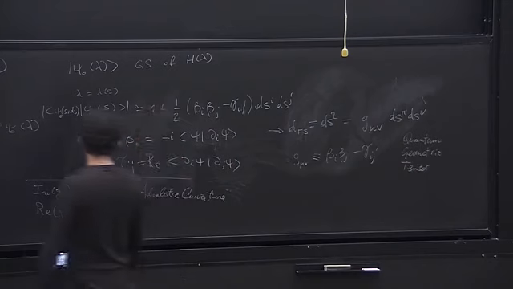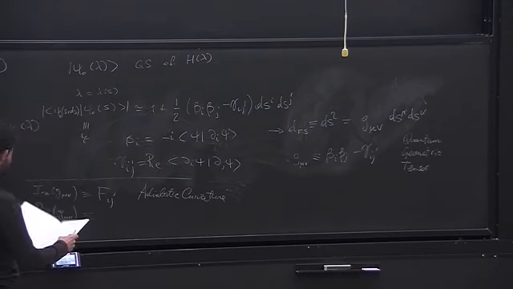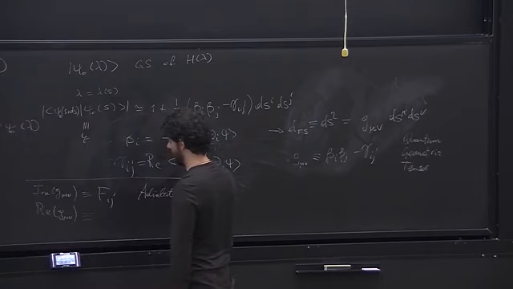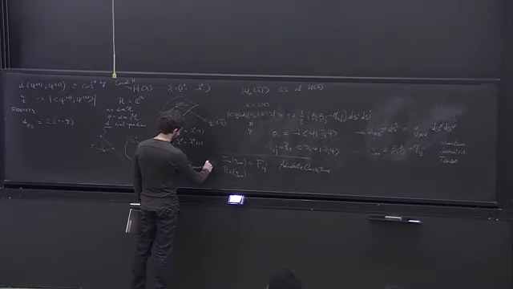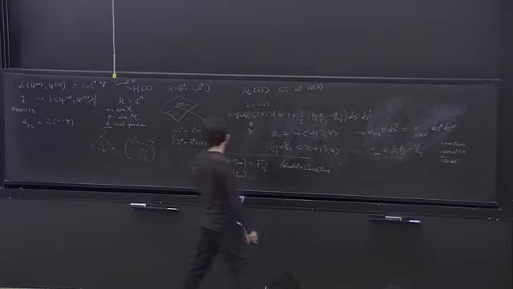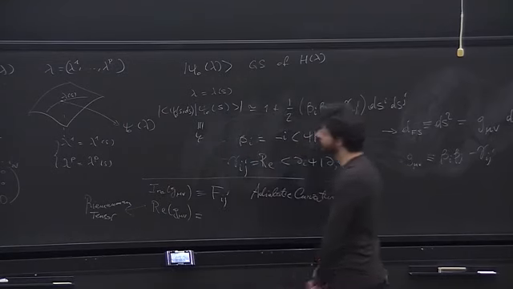The real part has never really been examined too much, and it is a Riemannian tensor. So the real part is positive, and it is a Riemannian tensor. And it is what it is, so one has to do the calculation.